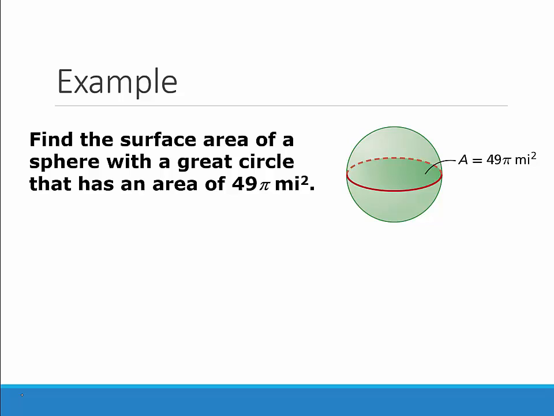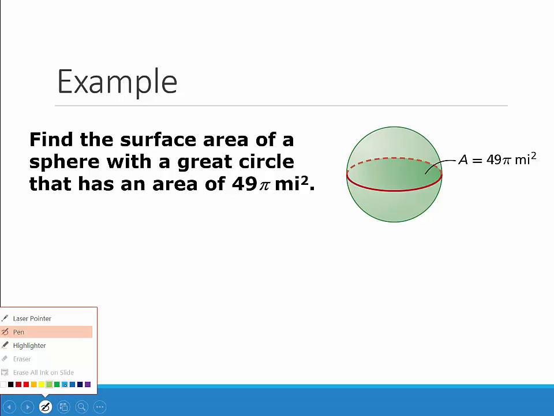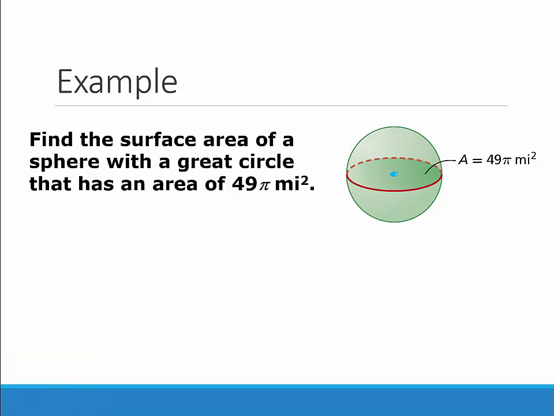Find the volume of a sphere with a great circle that has an area of 49 pi miles squared. So remember that a great circle is the biggest circle you can make. So that means the radius of the great circle is also the radius of the sphere. So we know the area of a circle is pi r squared, and we need the r in order to find the volume.